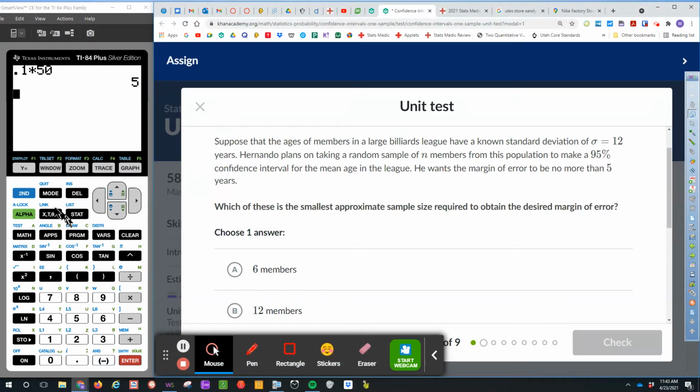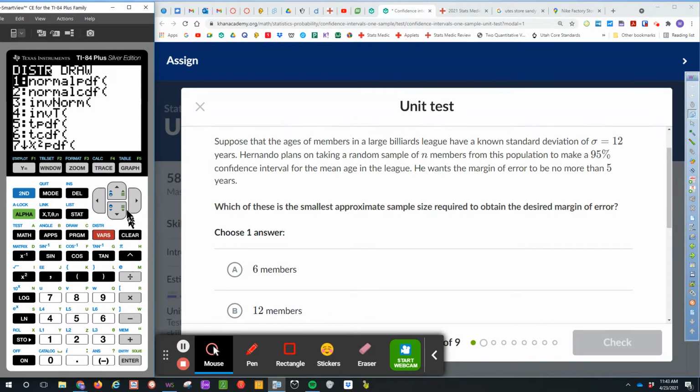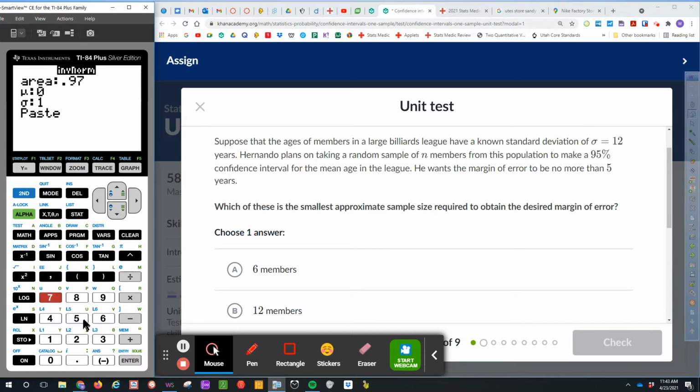Go to second vars, inverse norm. The area is 0.975, mean 0, standard deviation 1. Okay, so it's 1.9599. Anyway, this is my z star.